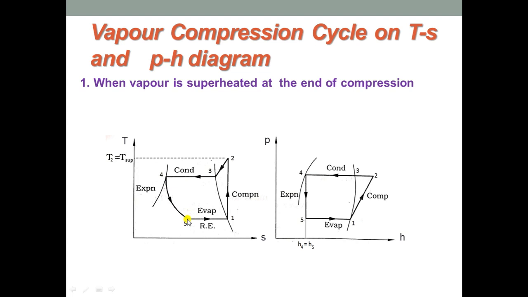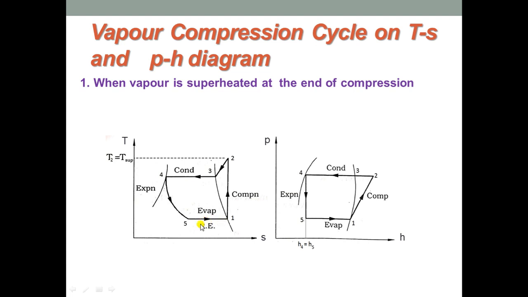And the last process is from point 5 to 1. The refrigerant at condition 5, which is in two phases, that is liquid and vapor, enters the evaporating coil located inside the cabinet in which the substance is kept to be cooled.